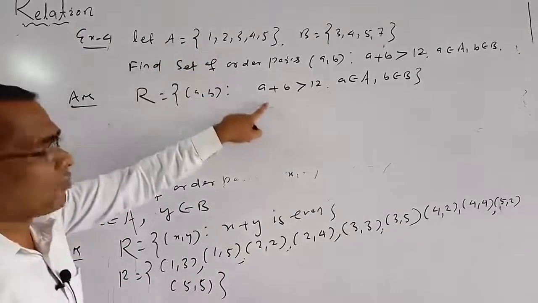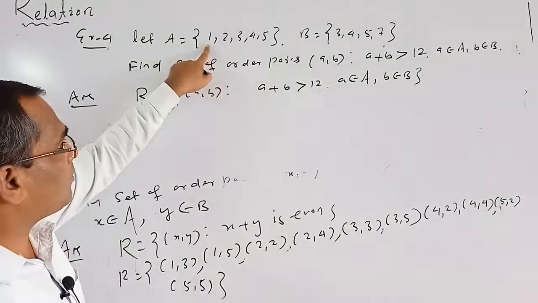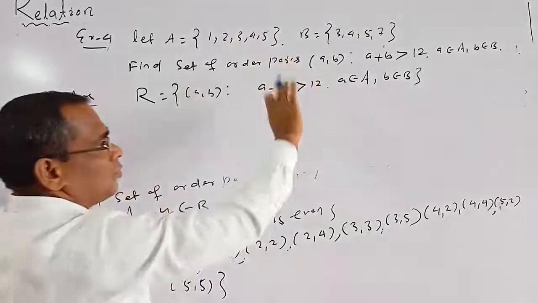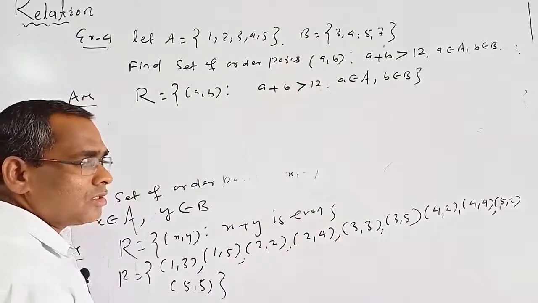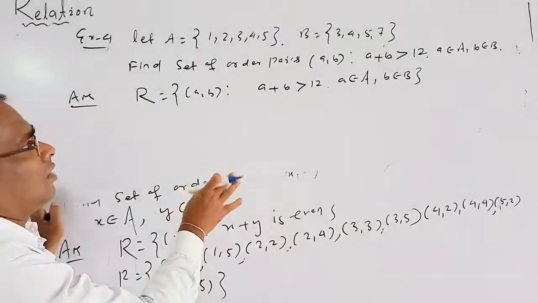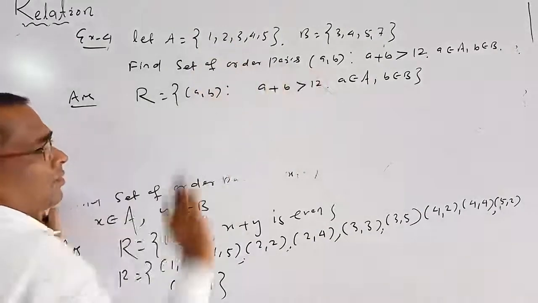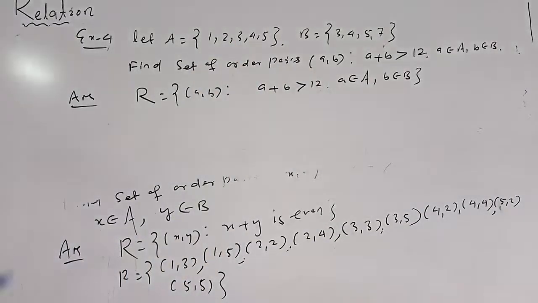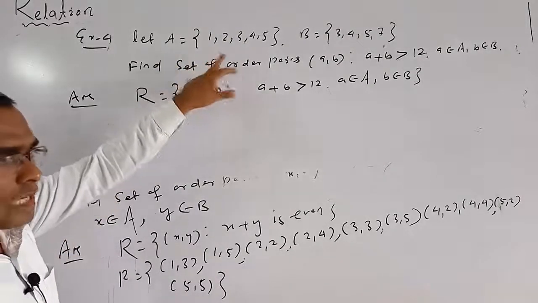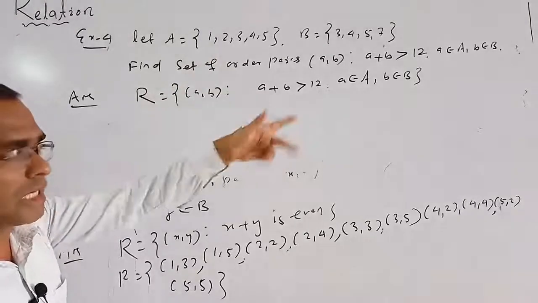Look, the sum of two numbers is greater than 12. Take a equal to 1 with 3, the sum is 4, which is not greater than 12, so we need the sum to be greater. So with 1, there is no element in set B so that in that ordered pair the sum of two numbers is greater than 12.